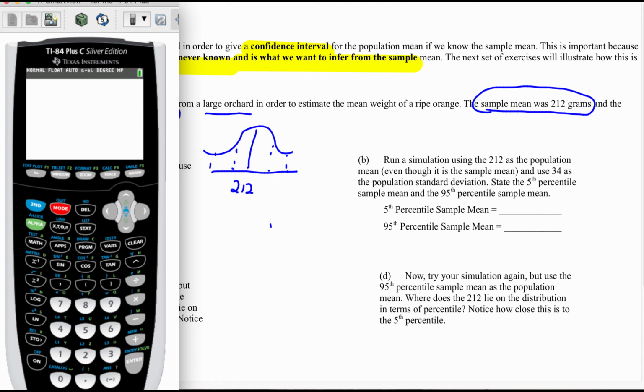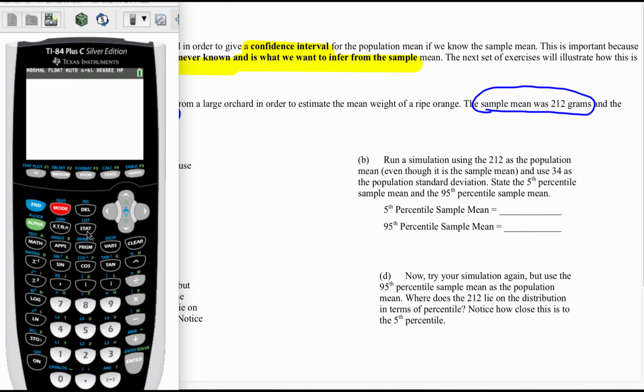Now, remember, what the calculator is doing is taking samples from this bell curve, and then it's going to do its own average to that and see what happens when it randomly takes samples from this bell curve.